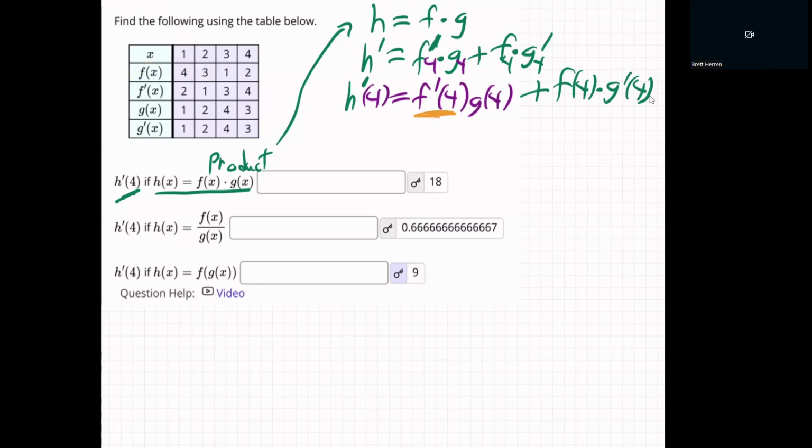So I want f prime of 4. Here's 4, here's f prime. It's 4. And then g of 4, what's that? Here's 4, here's g.